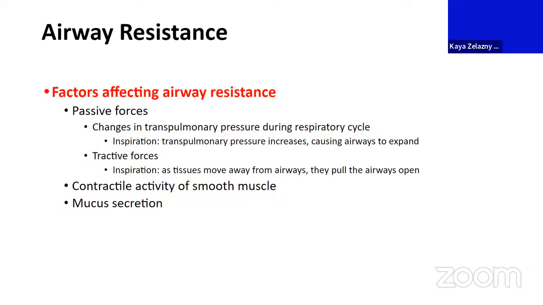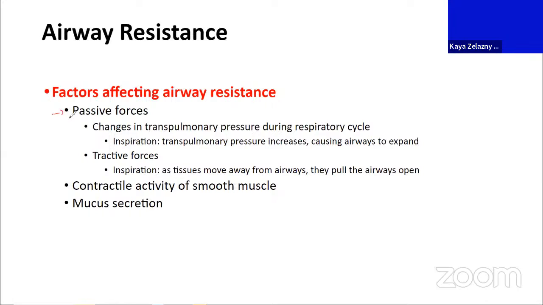Bronchoconstriction is going to be getting smaller. Bronchodilation is going to be getting bigger. But our different hormones and parts of the nervous system may affect the respiratory system slightly differently than the cardiovascular system. So from a physical perspective, what we're going to be thinking about are some passive forces.